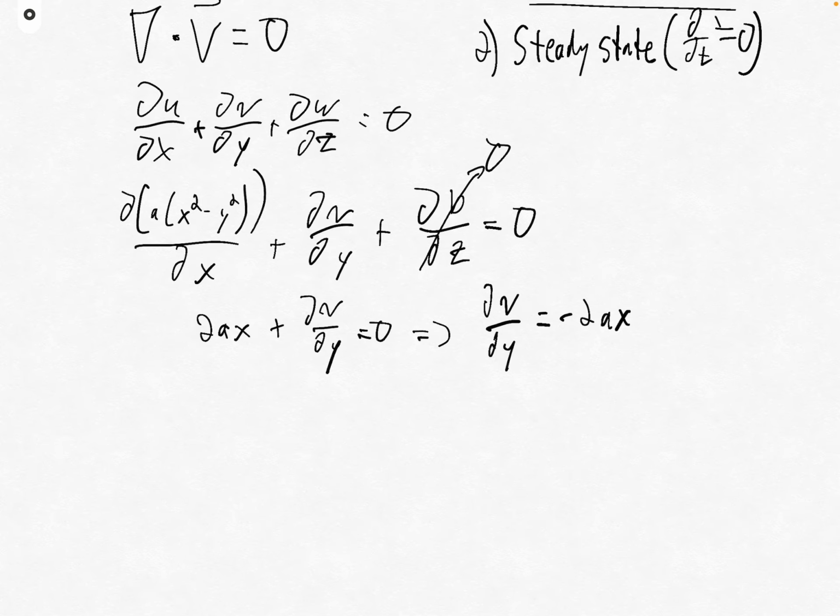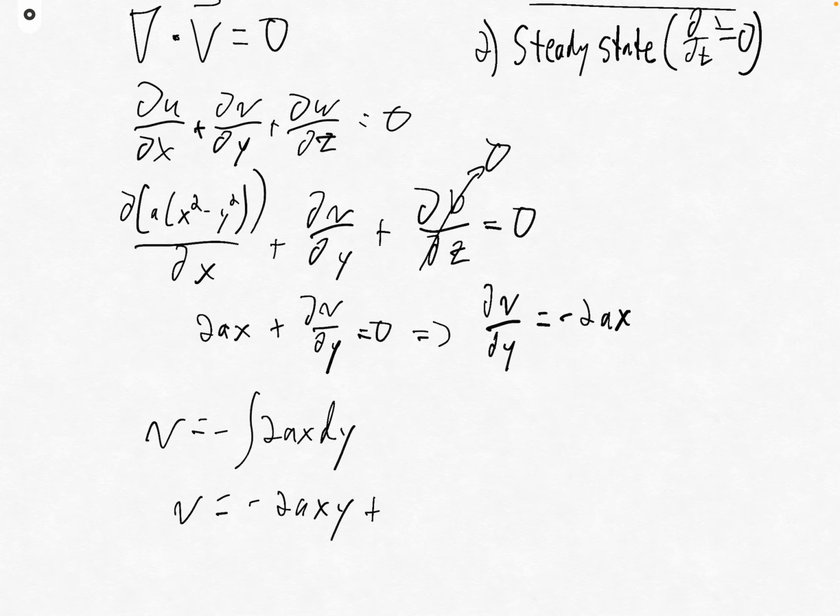We can write v as the integral of minus 2ax dy. Therefore, v is equal to minus 2ax y plus a constant.